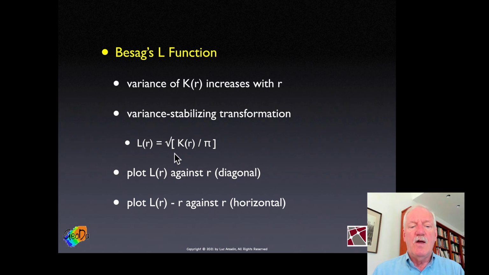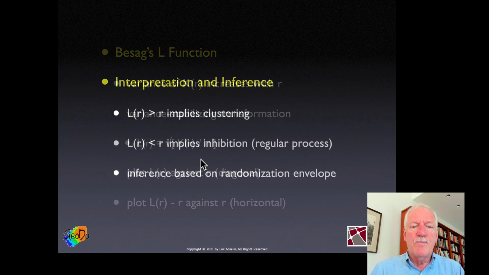And then you can no longer plot this against the exponential function that we computed from the Poisson, but because of the transformation, it becomes a diagonal. So you plot L(r) relative to the diagonal, or if you subtract r from L(r), you plot it against the horizontal. This is a common plot that we'll see in a second.